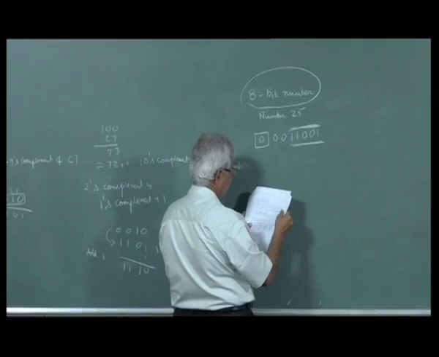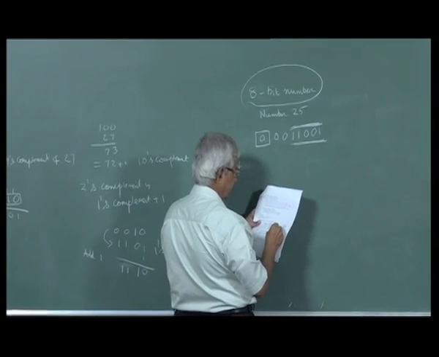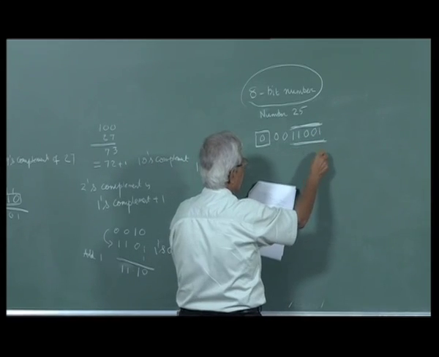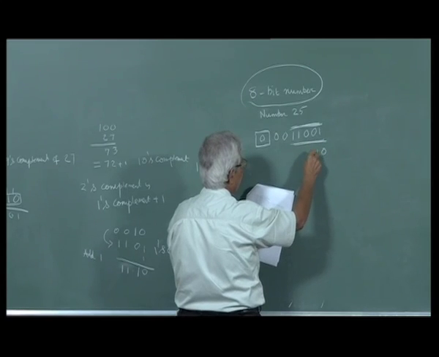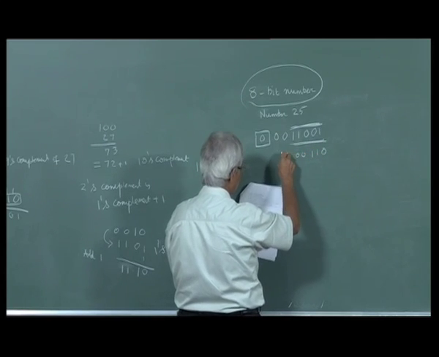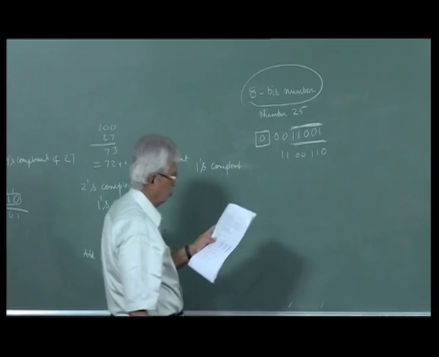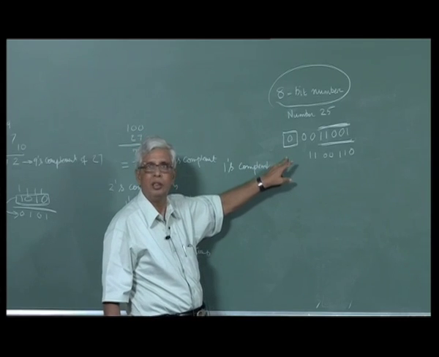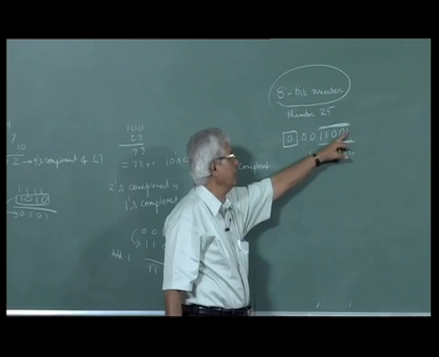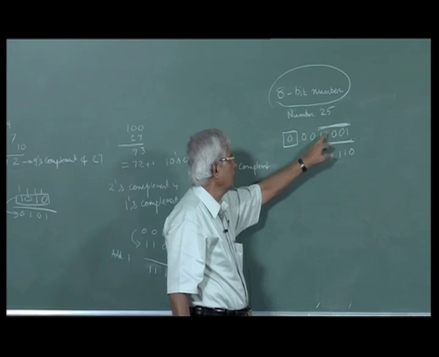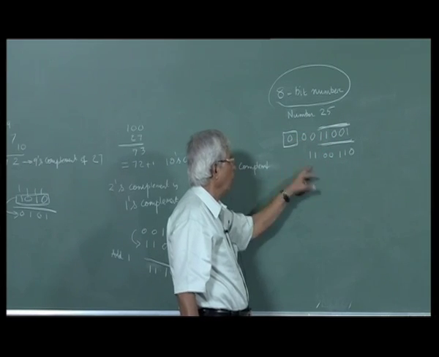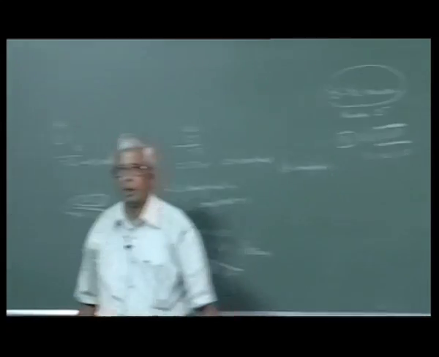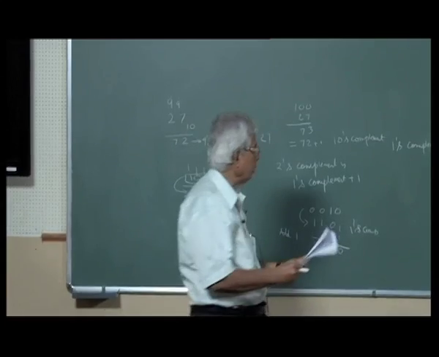Since it is a positive number, the sign bit is not inverted. I invert all other bits, so 1 becomes 0 and so on: 0, 1, 1, 0, 0, 1, 1. If you miss these two ones, you do addition, you will run into errors. Again, the sign bit is 0 only because it is a positive number.